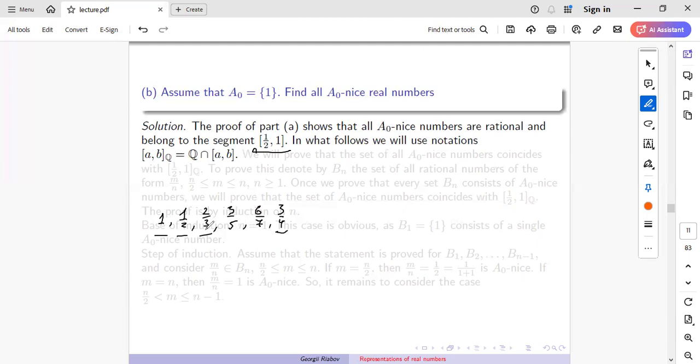And now let's do one more step and look at rational numbers with the denominator 5. There are numbers 3/5, 4/5, and 5/5. And in this small list, we still don't have 4/5.